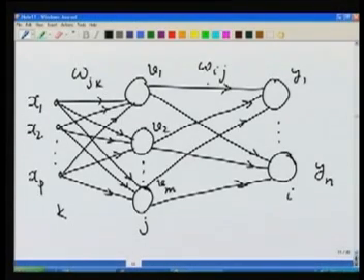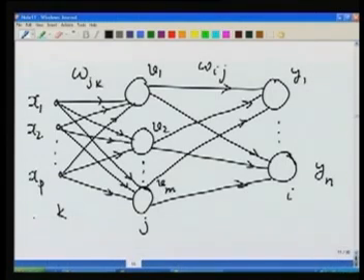As I said, Wij is a typical weight connecting the ith neuron in the output layer with the jth neuron in the hidden layer, and similarly Wjk is a typical weight between hidden layer and input layer.